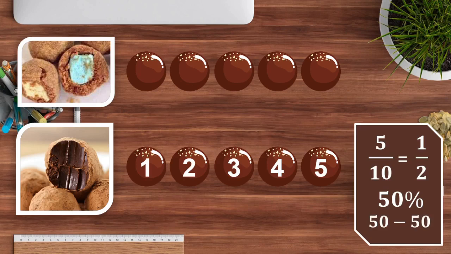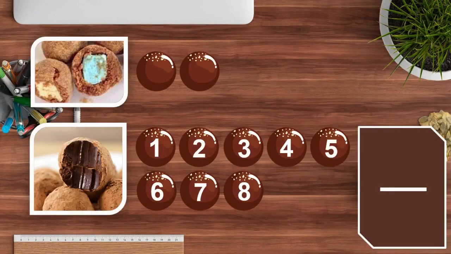So what if we change the situation? What if we only have 2 with marshmallows in it and 8 of them are chocolate filled? So now we still have 10 at our denominator because we still have the same total number of gram balls, but this time our numerator will be 8 because we have 8 chocolate filled gram balls, which is what we are hoping to get.